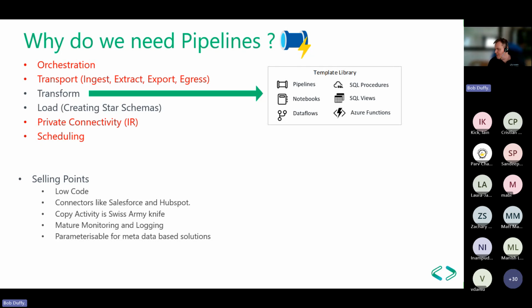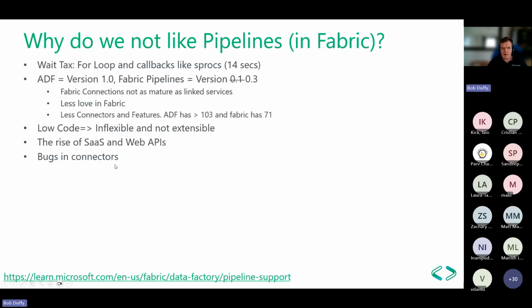Building of metadata systems. It's very hard to build a metadata-based system on SSIS because the data flow in SSIS is a hard-coded pipeline, right? So its reusability was very low. They fixed that in ADF pipelines, and they fixed that in Fabric pipelines. So for metadata systems, they're very good, right?